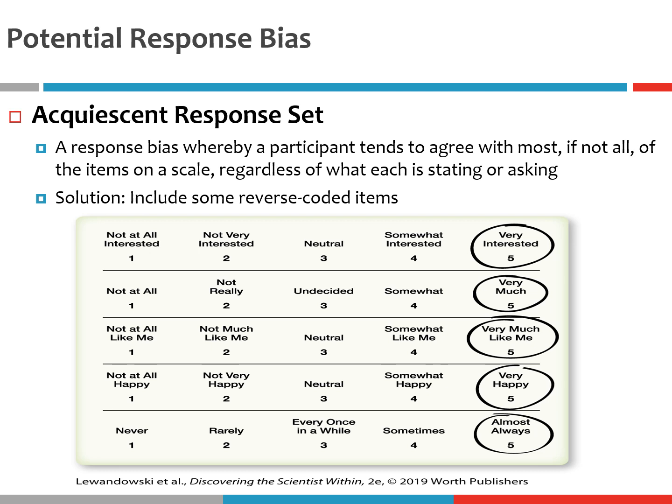We also have to be aware of acquiescence, or the acquiescent response set. A response set or response bias is when a participant tends to agree with most, if not all, the items on the scale. So you ask them a question, they put 5, 5, 5, 5, 5, and they just strongly agree with everything.